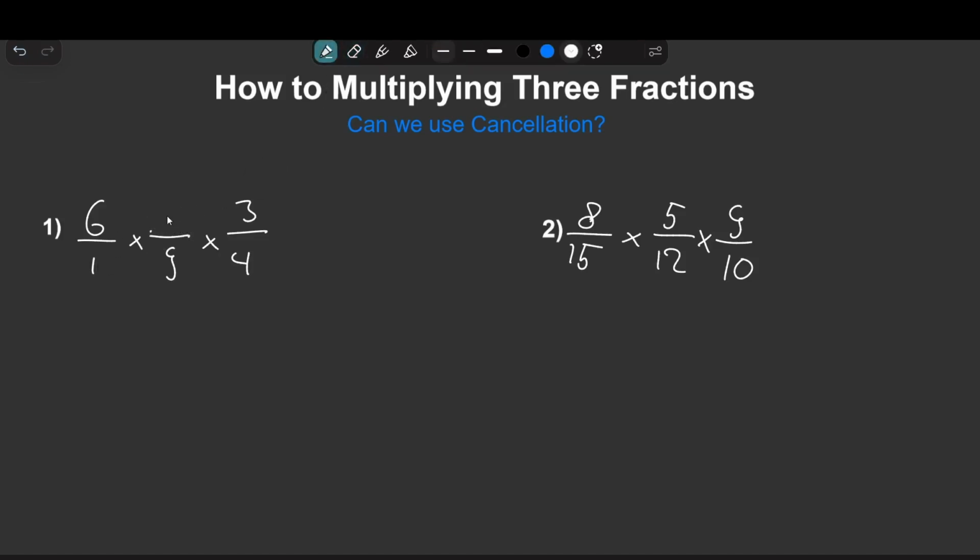So 11 will be 1 and 22 will be 2. So now we have 6 and 9. 6 and 9 both have a common factor of 3, both divided by 3. So 6 divided by 3 equals 2, and 9 divided by 3 equals 3. So, as you guys can see, we already made it a lot simpler.